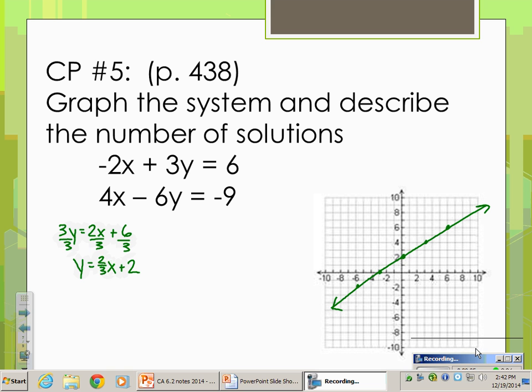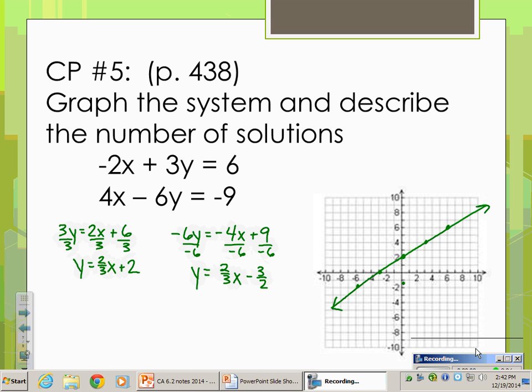Second one, I'm going to do the same thing. So I'll leave -6y here and move 4x to the other side. Divide by -6. And I get y is equal to positive 2/3 x minus 3/2. So this time my intercept is at -1.5.